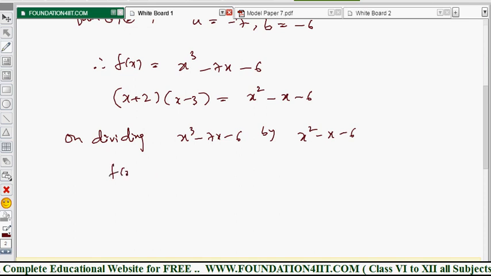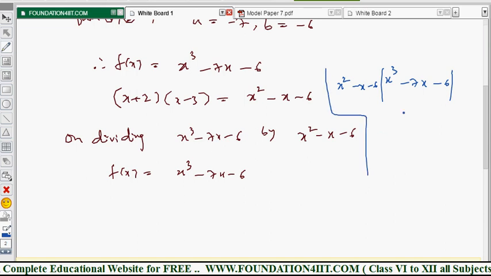Both are factors, and f of x is equal to x cube minus 7x minus 6. So let's see what we'll get on dividing. Let me do this side.